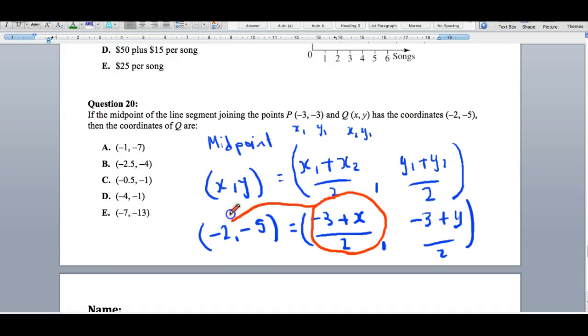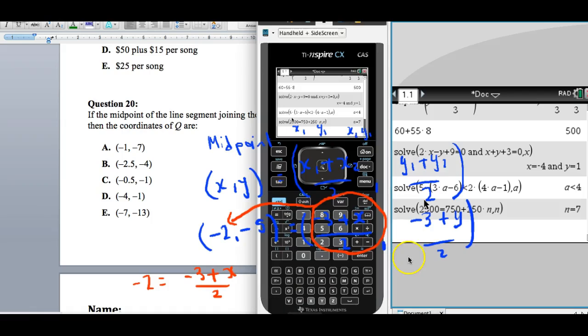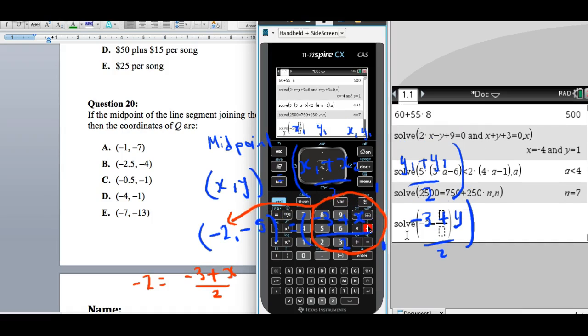This part here is equal to -2. So on your CAS calculator, you can do -2 is equal to -3 plus x over 2. Let's quickly do that, even though this writing is going to be all over my calculator. So solve -2 equals, now you can use your division.